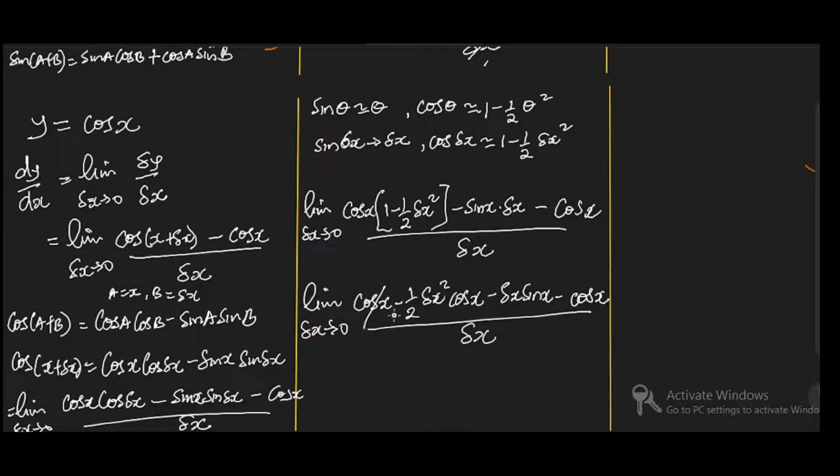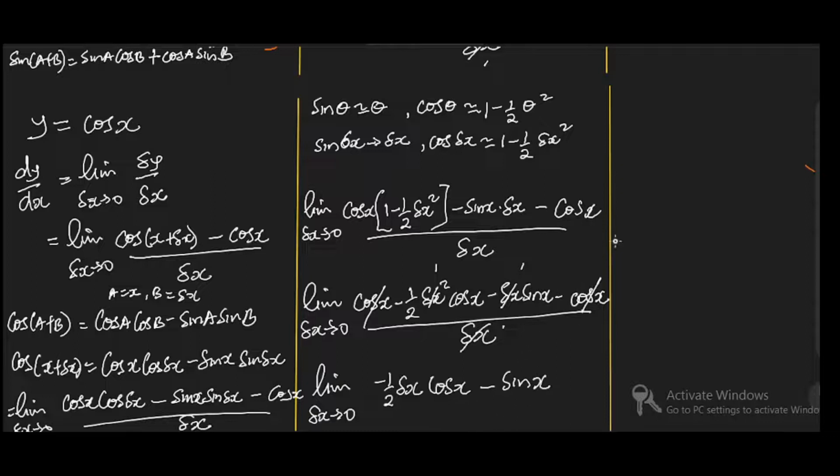So we know that our cos x will go with cos x. Then this small change will reduce down, this will be 1, and this will also reduce to 1. So we will be remaining with the limit as the small change in x tends towards 0 of negative a half small change in x cos x minus sine x.